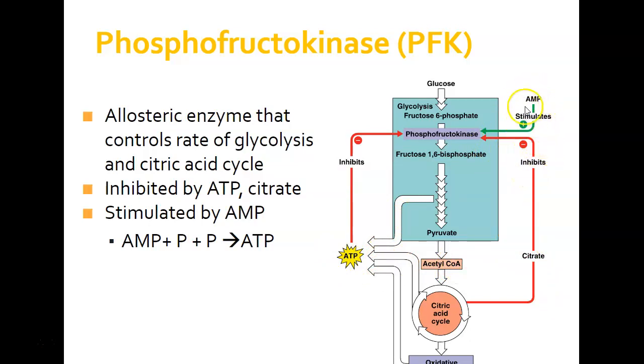AMP is adenosine monophosphate. That's ATP that has had 2 phosphates chopped off. So if you ever have that, that means that you're really, really low on energy because you've chopped off the phosphates to release energy with that. So then it would stimulate, meaning, oh my God, cell, you need to make way more ATP.